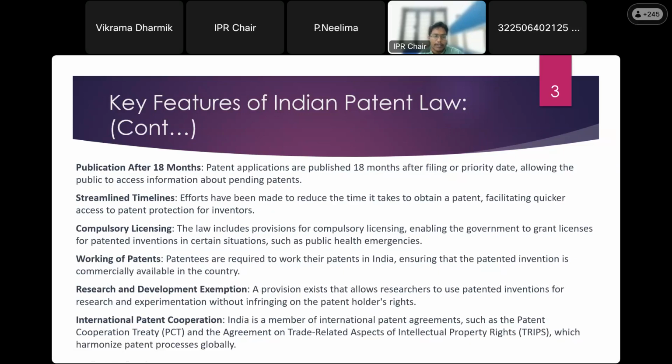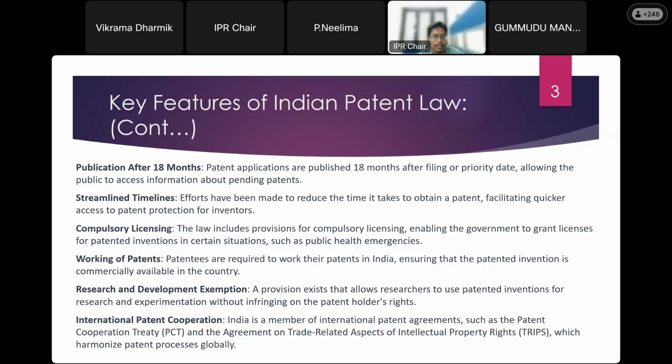Now the patent office has come up with provisions where within 2 years, even 1.5 years, you can get a patent by using expedited publication, and the request for examination can also be expedited by paying the extra fee. The patent office is also actively trying to grant patents by examining the patentability criteria in the fastest possible way.